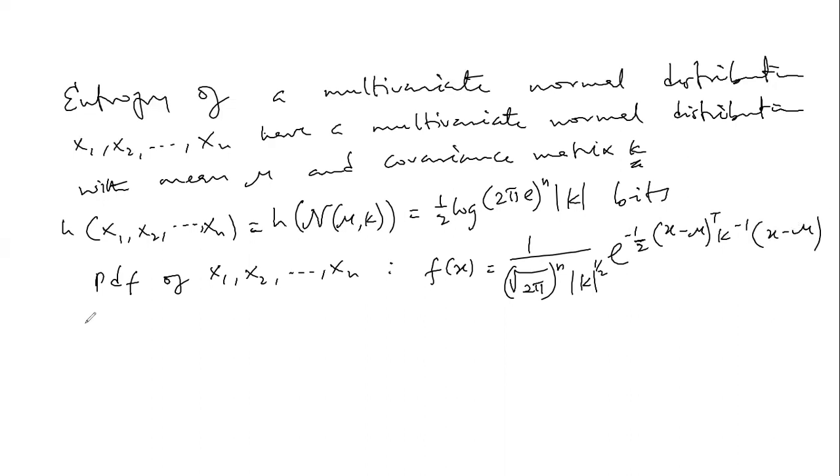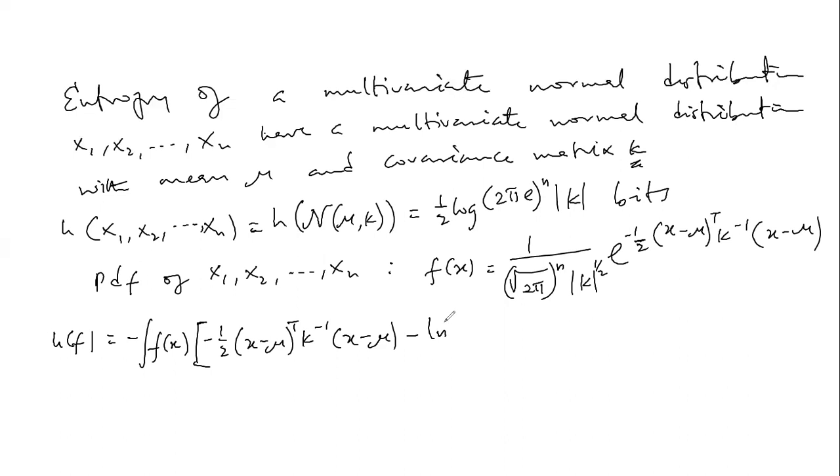So then h of f will now be negative the expectation value of negative 1/2 x minus mu transpose K inverse x minus mu, minus the natural logarithm, which is the same as log to base e, of the square root of 2 pi to the power of n, mod K, dx.